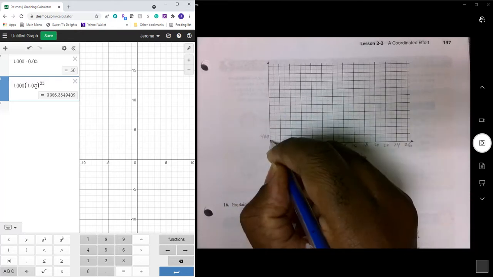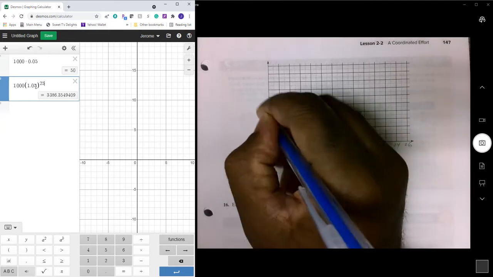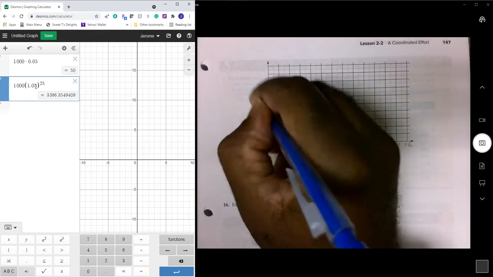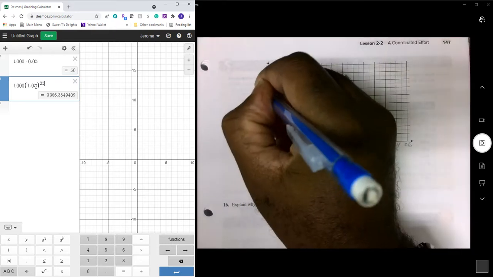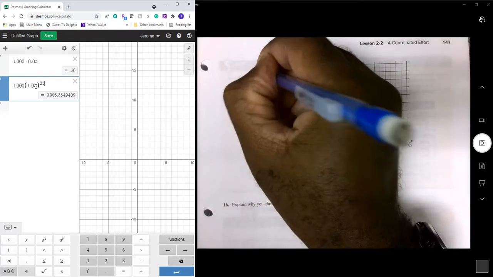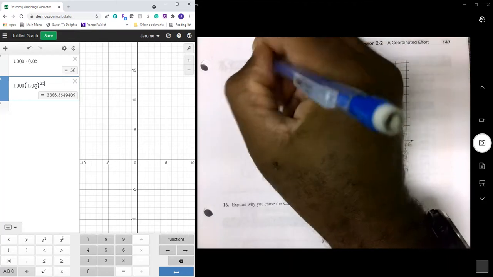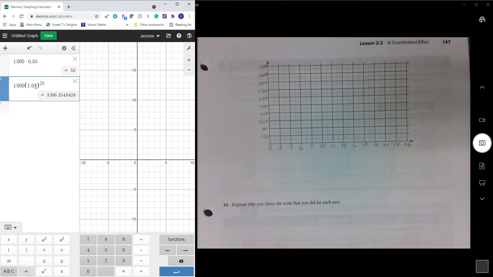Well, really 200s. This would be 200, 400, 600, and then this would be 800, then 1,200, 1,600, 2,000, 2,400, 2,800, 3,200, 3,600, not 3,400, and then finally 4,000. Okay, so now these are all of our points on the axis.